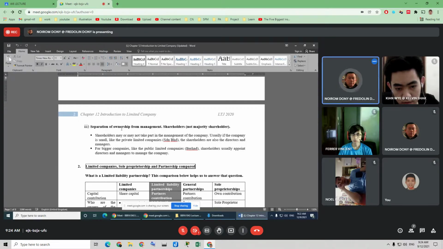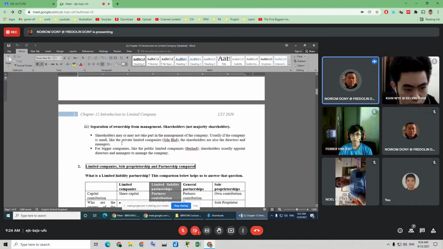They can select, but they cannot participate. So that is the rule. That is the characteristic. Shareholders may or may not take part in the management of the company. Usually, if the company is small, like a private limited company, the shareholders are also the directors and managers. So it depends on the types of company.